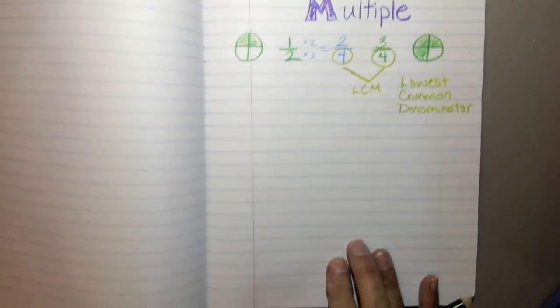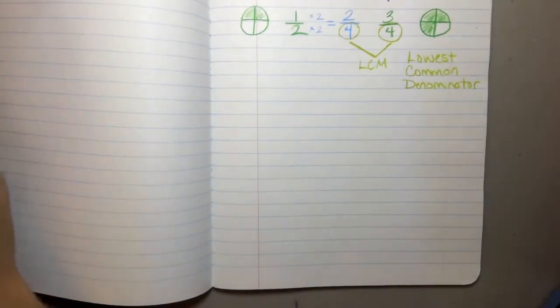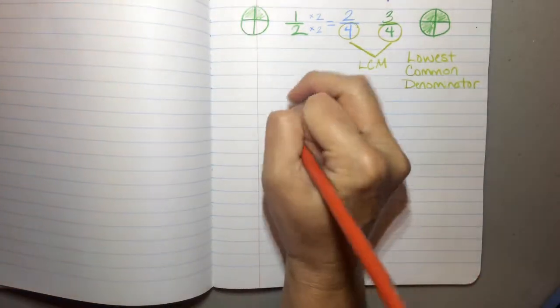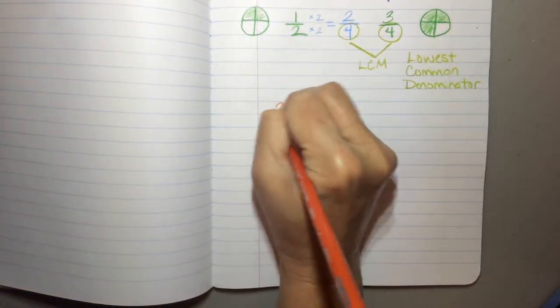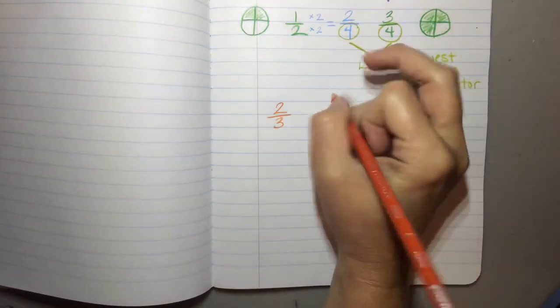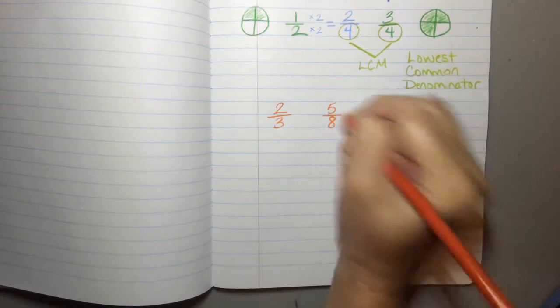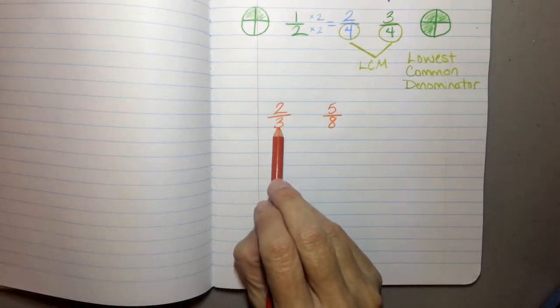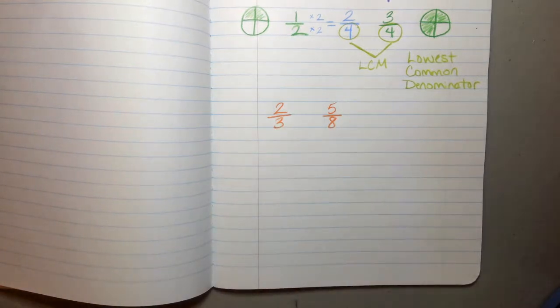But now let's try it with something that's a little less obvious, okay? So let's try it with, I don't know, let's do 2/3 and 5/8, okay? So you can't just multiply something to get 8.